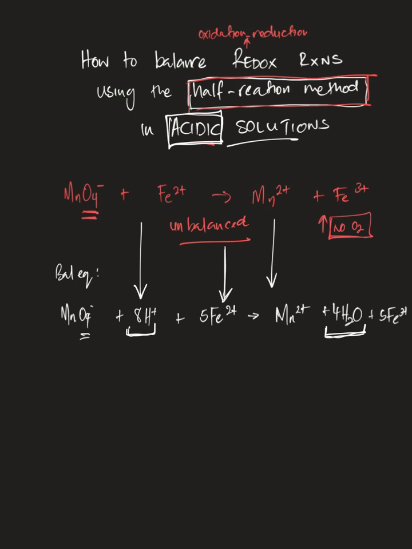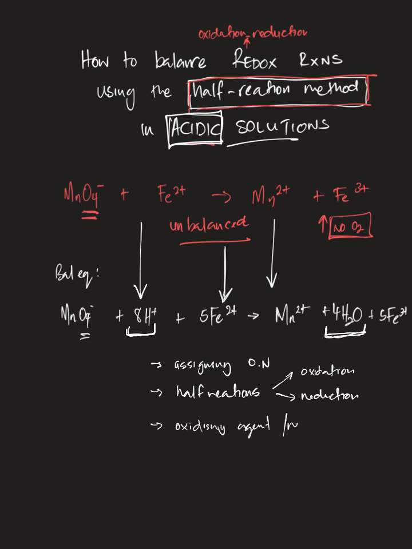So at this point, skills that you need is assigning oxidation numbers. You need to know how to write half reactions. And the way you're going to do that is being able to identify oxidation and reduction. And if you can do oxidation and reduction, then you should know what's an oxidizing agent or a reducing agent.